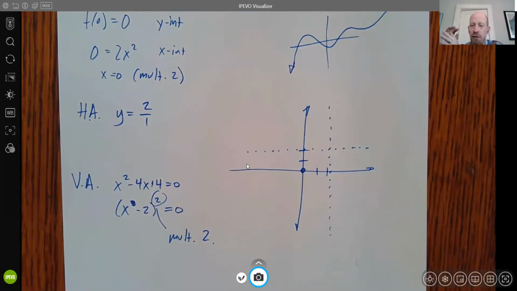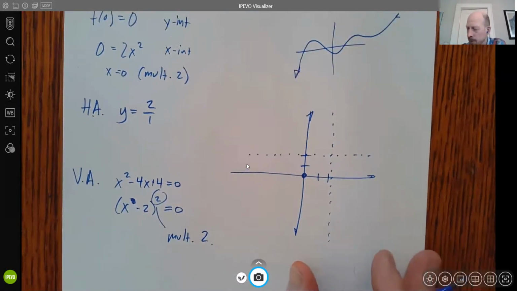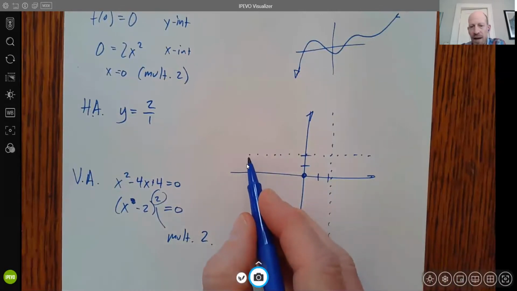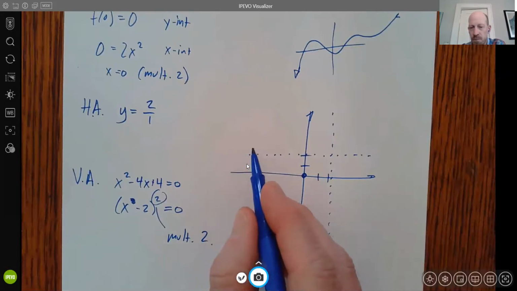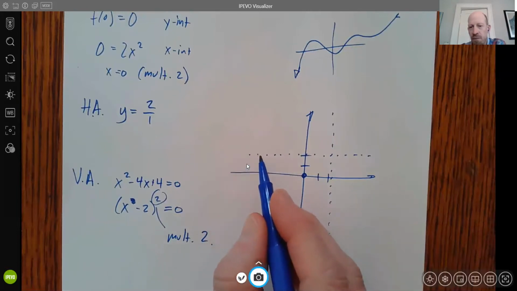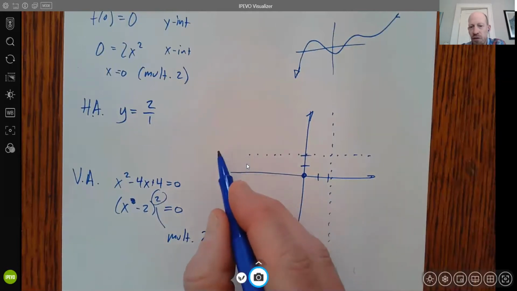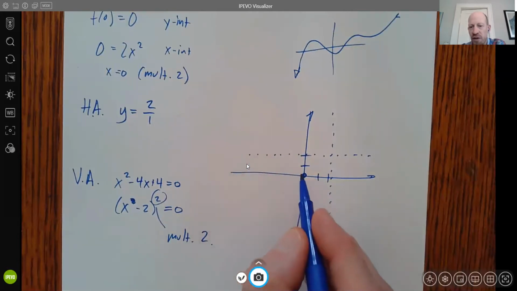Now for myself, I know that eventually the graph approaches 2. And it's certainly possible for it to come from above or below, but eventually it also has to hit y equals 0. There's no way around that because that's my x-intercept.